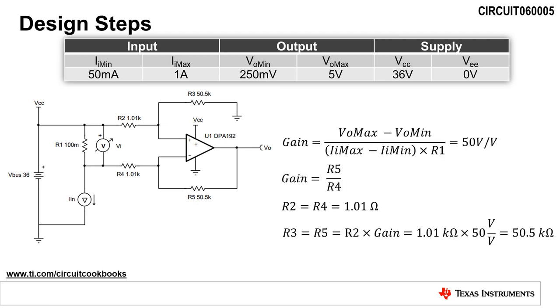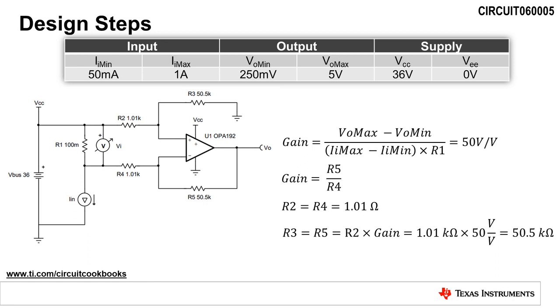The next step is to calculate the gain of the circuit, which is calculated by dividing the output voltage swing by the input voltage swing. Remember that the input voltage of this circuit is equal to the load current times R1. So the gain is calculated by the output voltage swing divided by the load current range times R1.